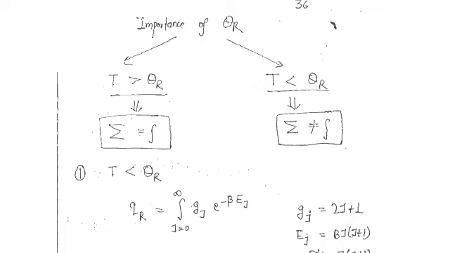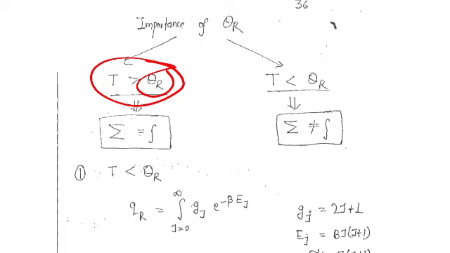Theta r is a temperature, and the temperature given in the question can be greater than the characteristic temperature or lower than it. If the temperature is greater than the characteristic temperature, all the rotational levels can be accessed, because the temperature is greater than theta r.